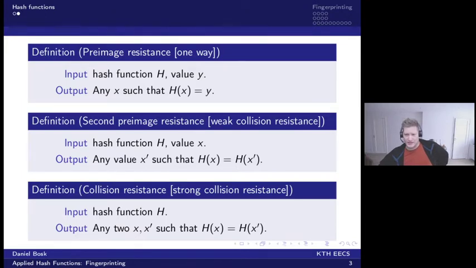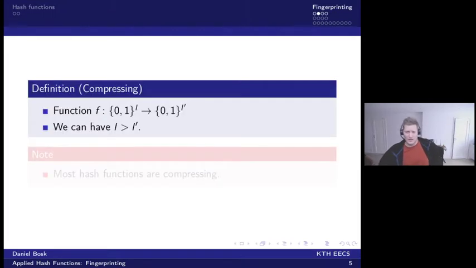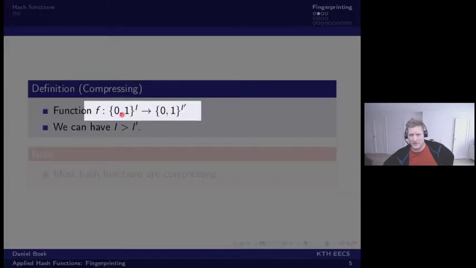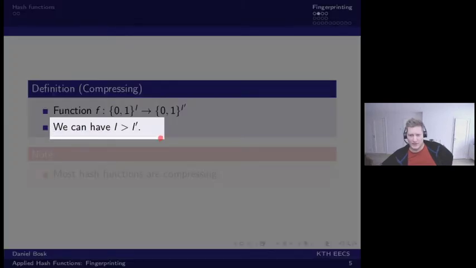So let's get started with fingerprinting. Another property that we want is compression. So we want a function H to be compressing, which means that if we have a function from some input set, bit strings of length L, and the output is bit strings of length L prime, then we want L to be larger than L prime. So we can have large input mapping to smaller output.